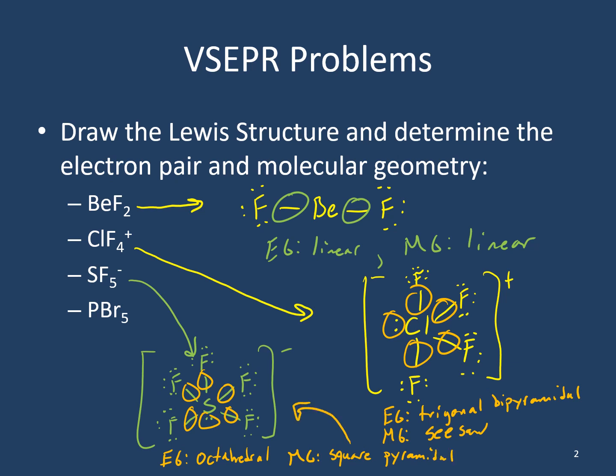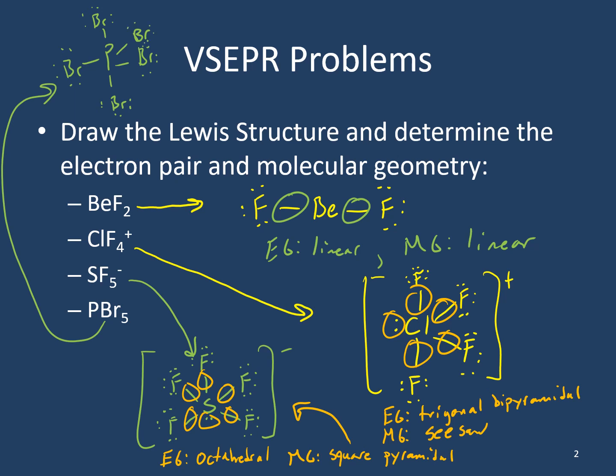Okay, we got one last structure to do. And so if we draw that guy out, which is PBr5, it looks something like this.